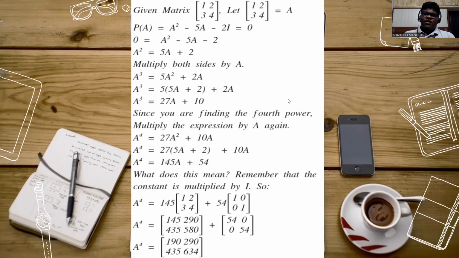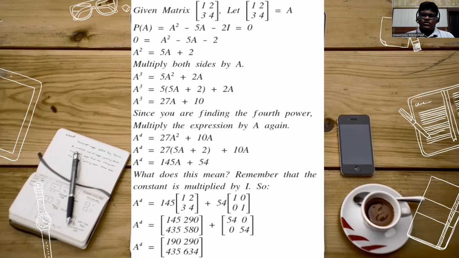Remember, the constant is multiplied by I. As we know, the constant I is nothing but the identity matrix of order 2 by 2. Now, we know from the starting assumption that A is equal to [1, 2; 3, 4]. Now, substitute those values in the resultant equation of A to the power 4.